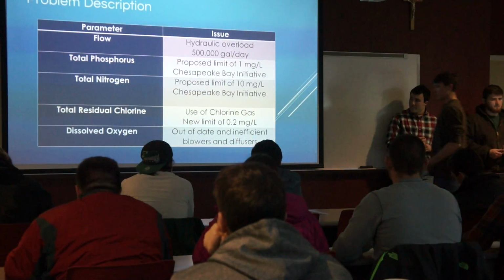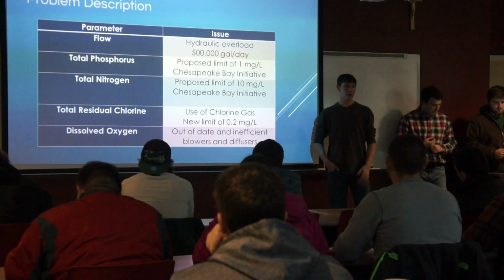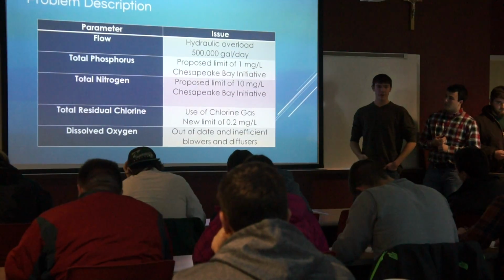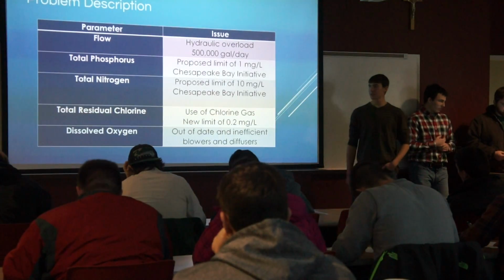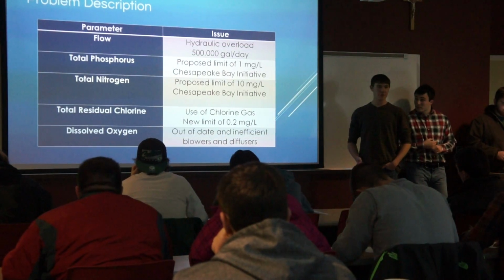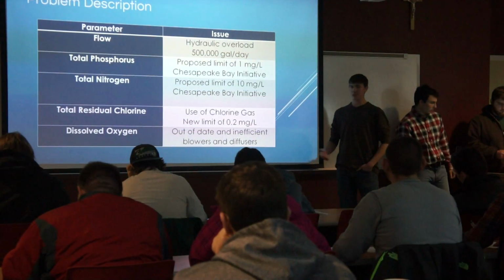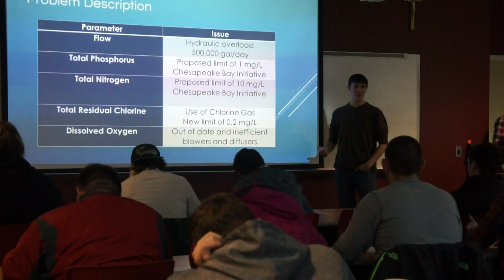So now I'd like to tell you about some of the problems that the plant is having and how we're proposing to fix these problems. First of all, the plant can see excess flows during spring snowmelt and big storms, and these excess flows can compromise the treatment process. Next, and probably the biggest problem, is nutrients, phosphorus and nitrogen.